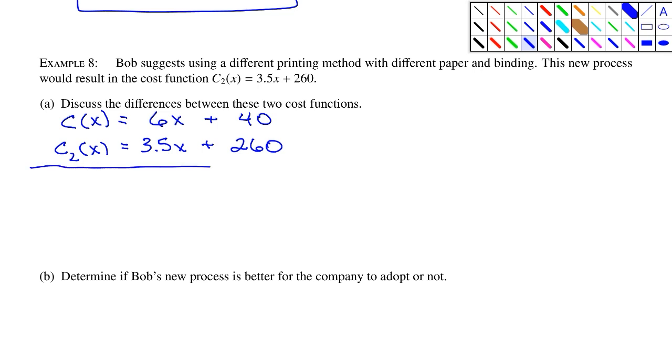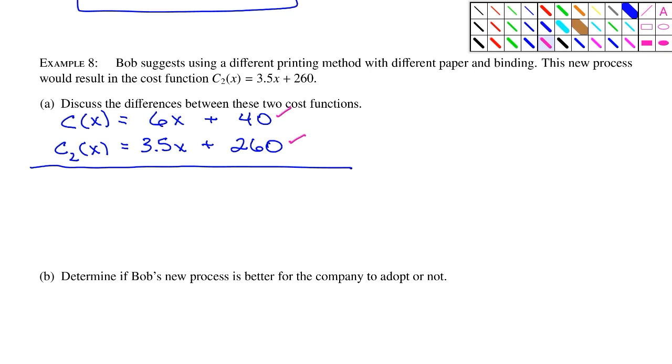All right, here are the answers that I was able to come up with. If I look at the two equations, the first thing I notice is we have a 40 here and a 260 here. These numbers represent the cost that is incurred when you print 0 books. They call that the initial cost or the fixed cost. It is the cost associated with doing something, in this case printing, that does not rely on the amount of items you are producing.